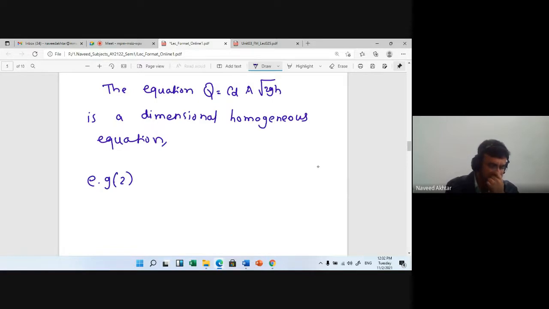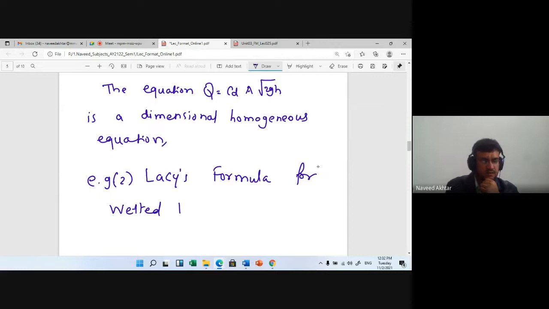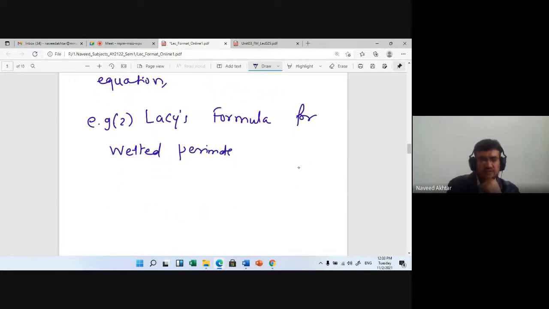But if you see the second example, we will take example number 2. In case of Lacey's formula for wetted perimeter, this Lacey's formula is given by P is equal to 2.67 under root of Q. Actually, I will give the name of this equation number 4.